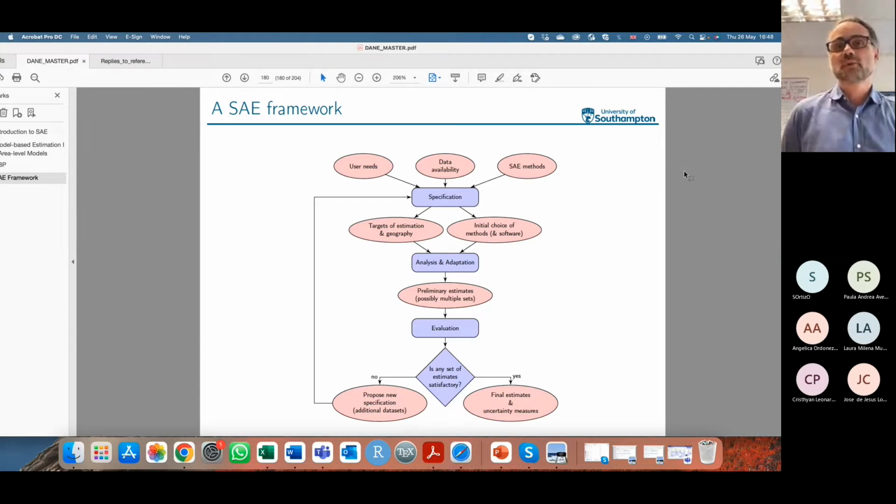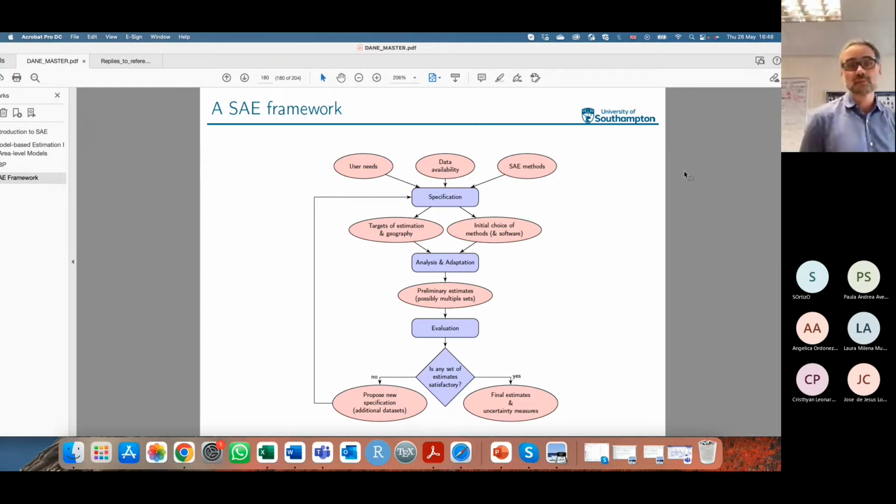And that's very important because that also relates to the kind of data that you have available and whether the data that you have available can support what you're trying to do and at the level of geography that you want to do the estimation for. And then it will also affect the methods that you may be using as well.